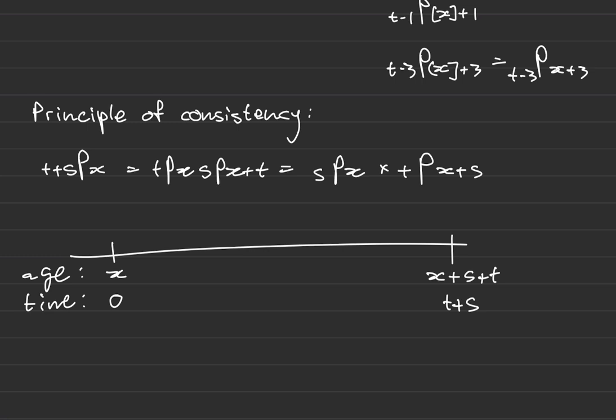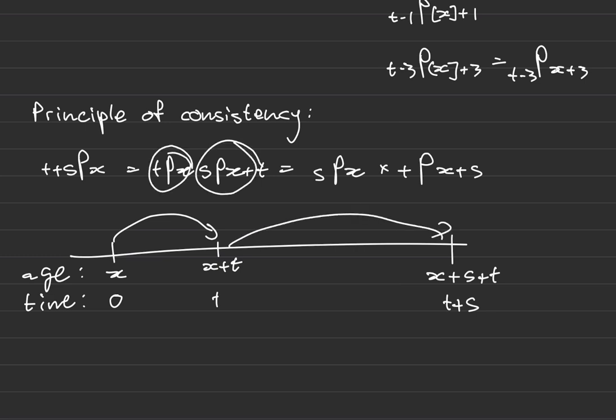Okay, then what this is saying is at age x+t, or at time t, this person must survive to that point. And then, once they're aged x+t, they must survive another s years in order to get to s+t. So the product of those two probabilities is just equal to the probability that he survives that entire time period.